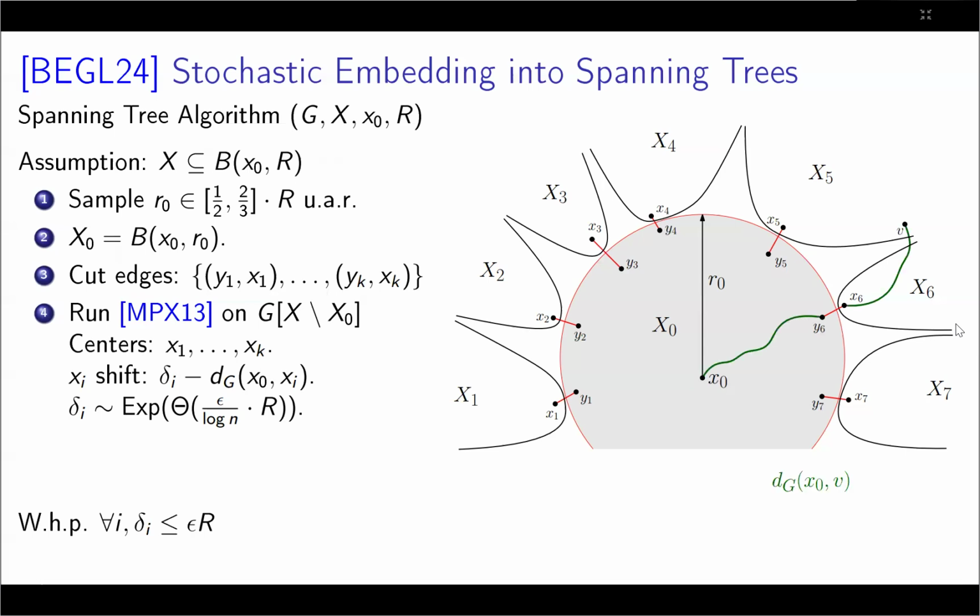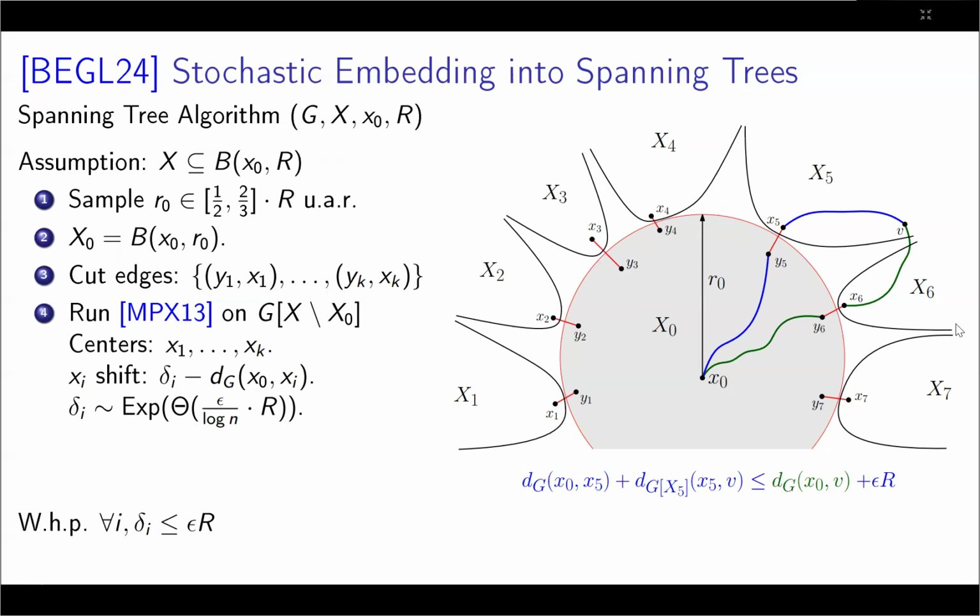So consider some point here, v, and suppose that the shortest path from v to the center, x0, goes through this point y6, x6, and then you go here. But v was clustered to a different cluster, to x5. Instead of going to x6, we went to x5. So now the shortest path, if you go to x5, might be longer, but not much longer.